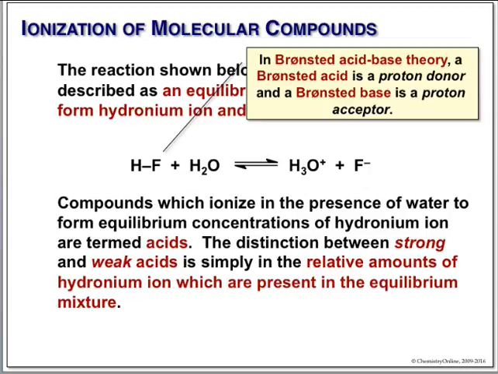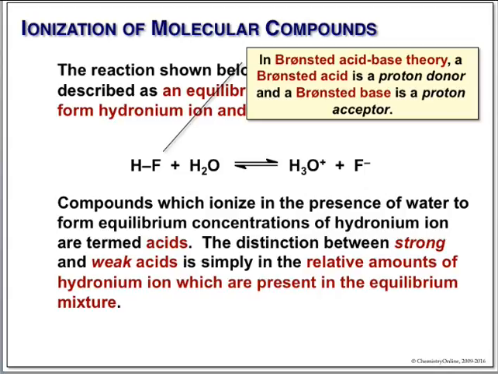The same amount. If the rates here are different, so that you wind up with more hydronium than you do acid and water, that's what's called a strong acid. The more hydronium you make, the stronger the acid.